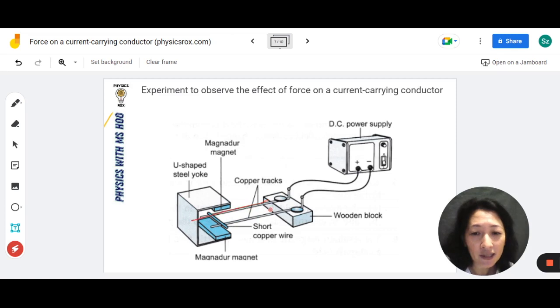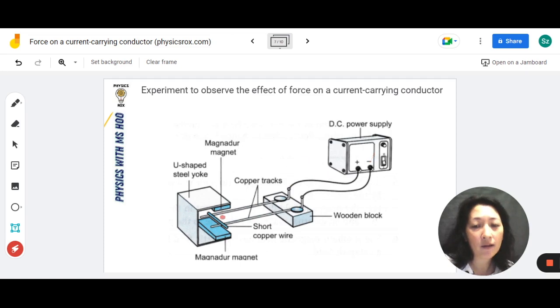These are just two tracks that are open. This short copper wire is free to move on these copper tracks. They have to be exposed so that current will be able to flow easily through these copper bits. The short copper wire is placed between two magnets, which are basically permanent magnets.